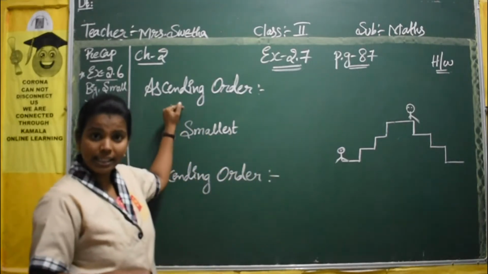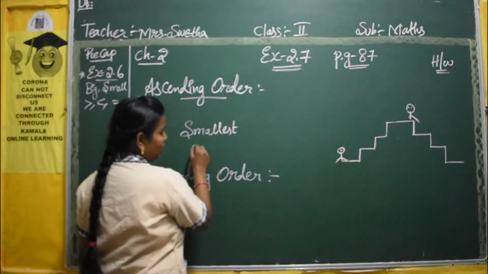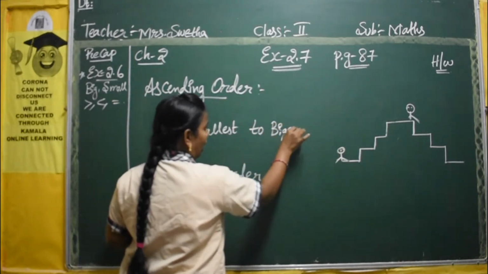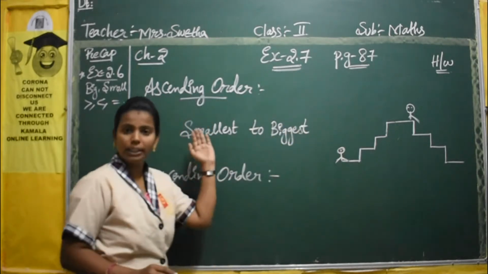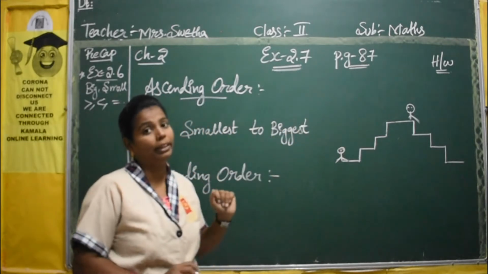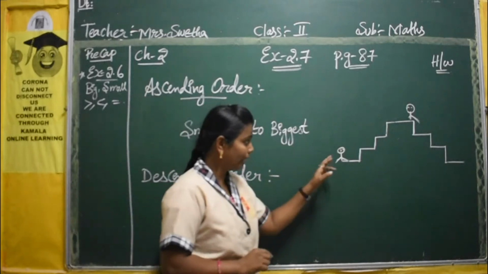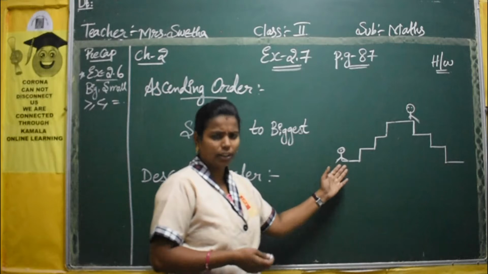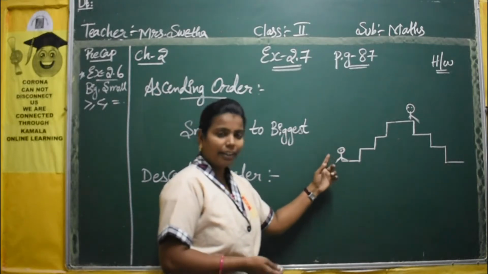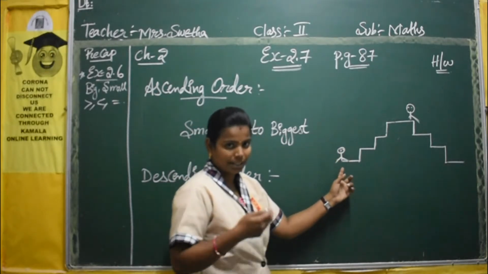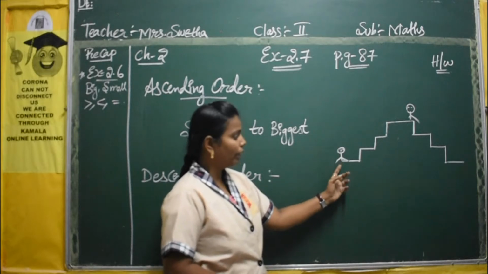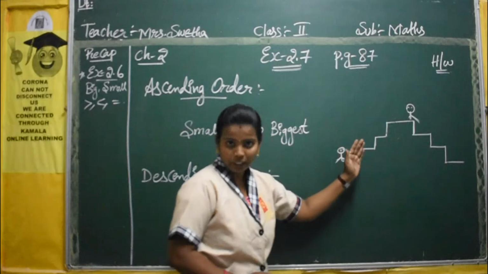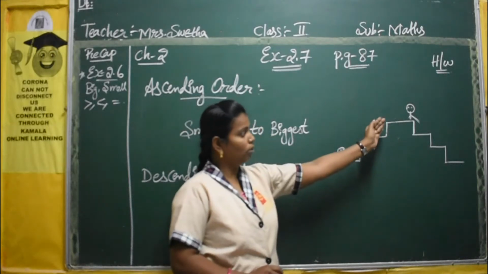Ascending order is smallest to biggest. How do you remember it? Let us think this picture is a boy, or a girl, no problem. See, this boy is getting on the stairs, going up, from the down step to the up step.